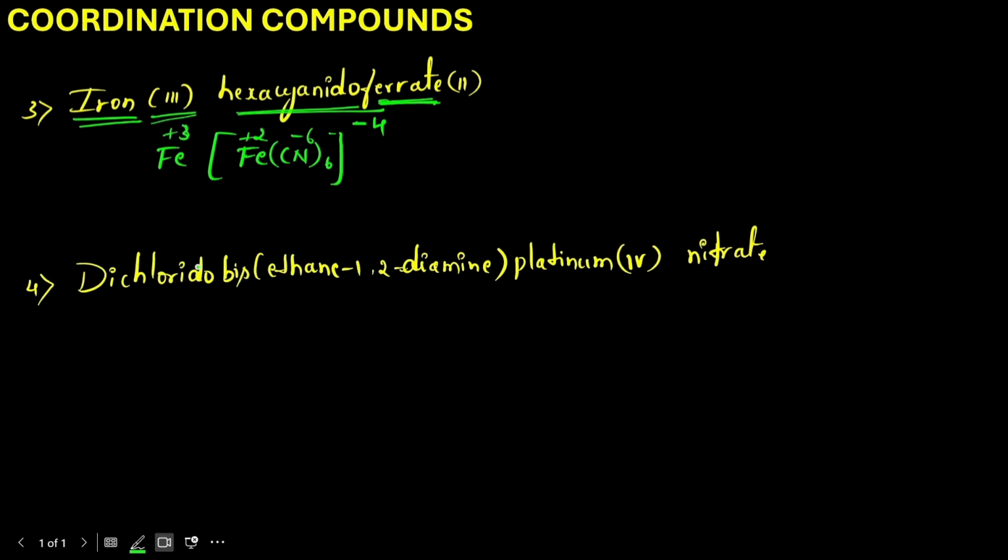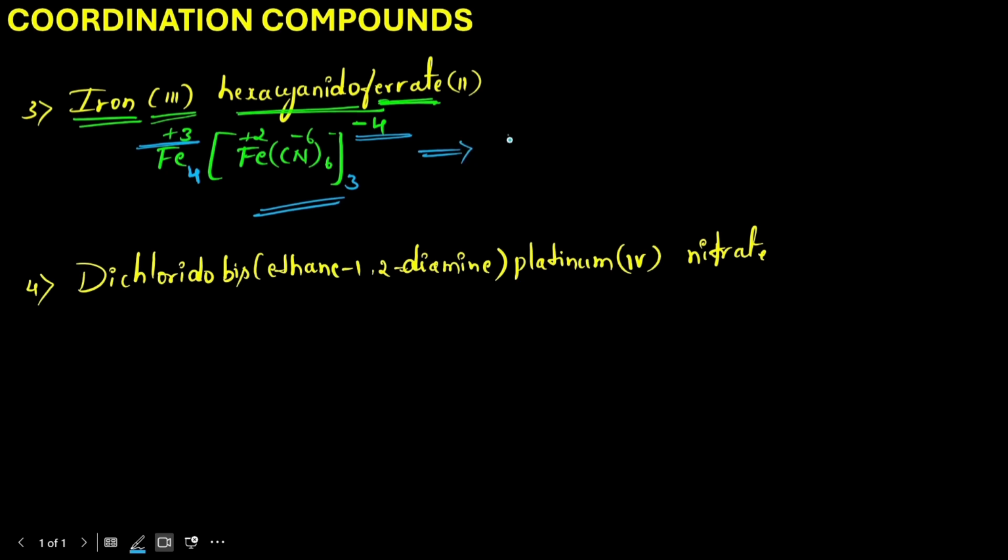So what do you have to do? You have to balance in such a way that the charge on the cation is equal to the charge on the anion. Therefore, in order to balance, Fe4 and the complex 3 times. Now the charge of the cation will be equal to the charge of the anion. Therefore, this is the formula.